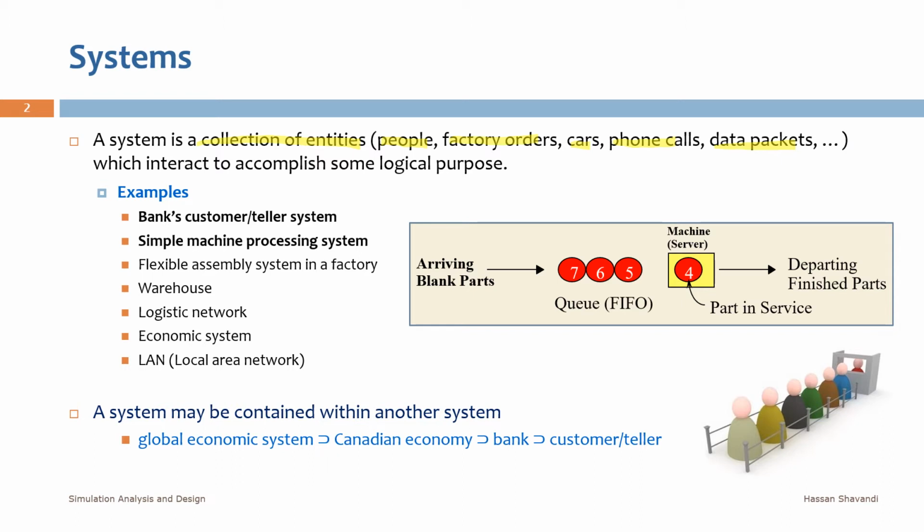In simulation systems, we will see later in this chapter the definition of entities. We will have a specific definition for entities, which is what we mean in a simulation. So in simulation systems, we will have different types of entities like people, factory orders, cars, and so on.